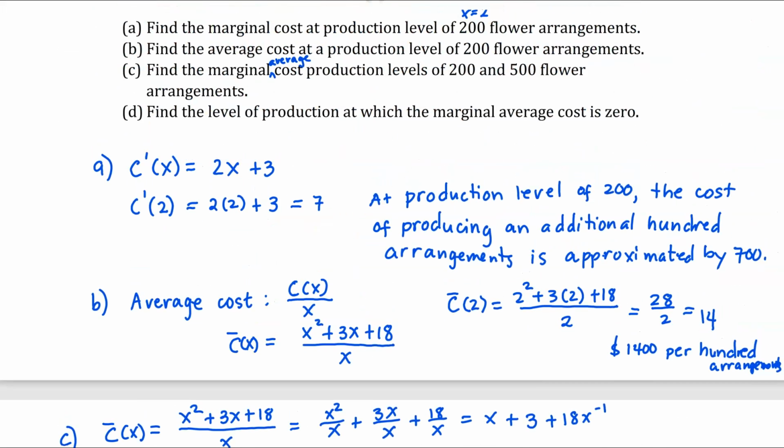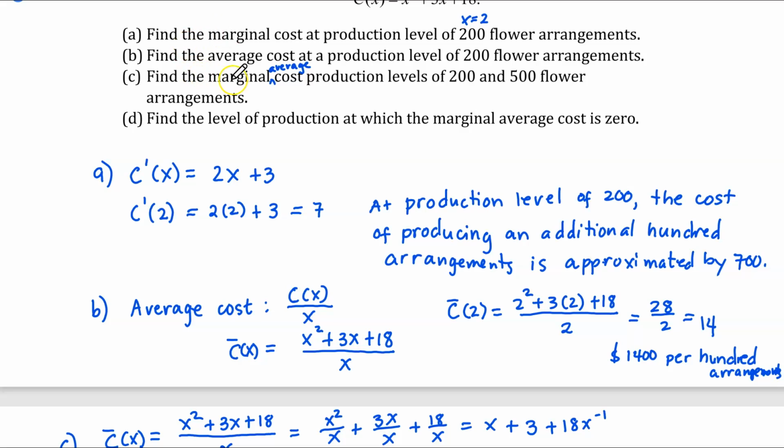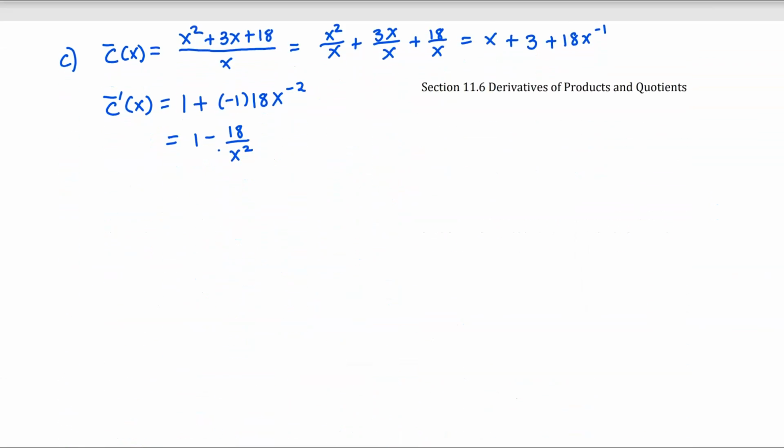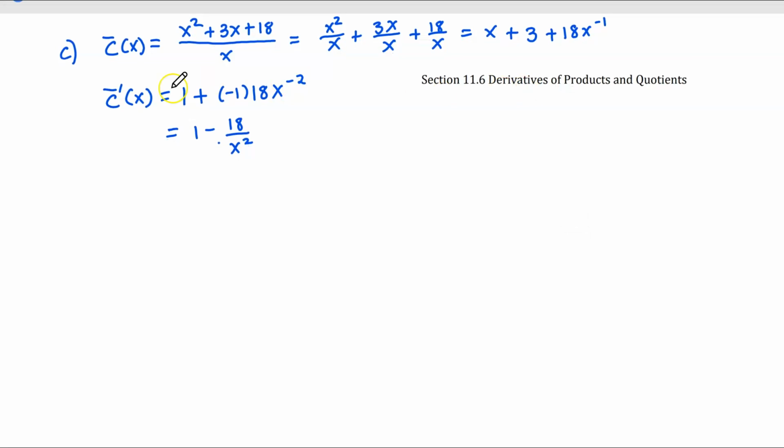Now, to find the marginal average cost at production levels of 200 and 500 flower arrangements, we are just going to evaluate the derivative at x equals 2 and at x equals 5.